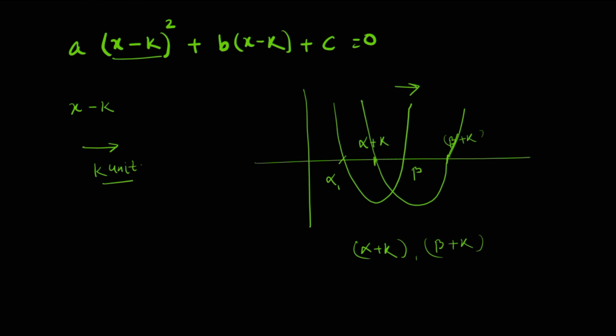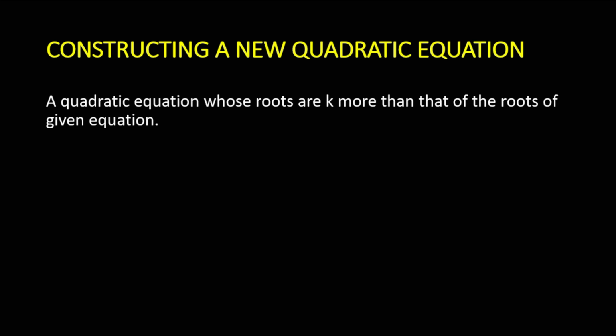Now moving to the next one, constructing a new quadratic equation. In this case, where k is less than the roots, the new roots: if ax square plus bx plus c equals 0 is a quadratic equation and its roots are alpha and beta, and new roots are less by k. So the new roots are alpha minus k and beta minus k.